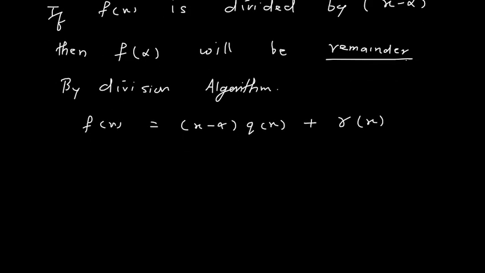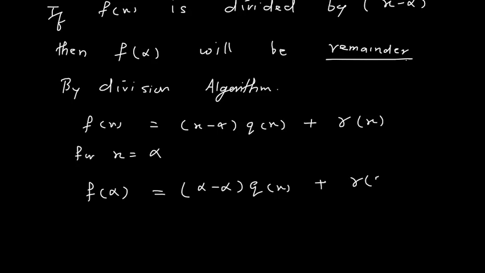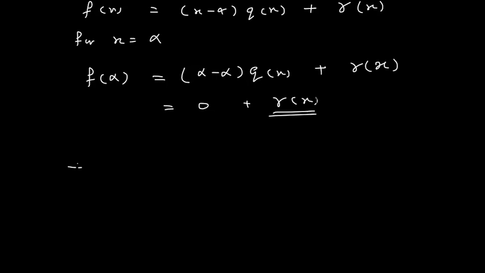Now for x equals alpha, you get f of alpha, so you replace x with alpha here also. So we get this term 0 and this term r(x). This r(x) is the remainder. So f of alpha is equal to r(x). That means if we have to find the remainder, then we find f of alpha.